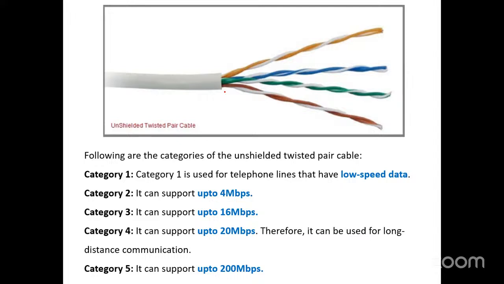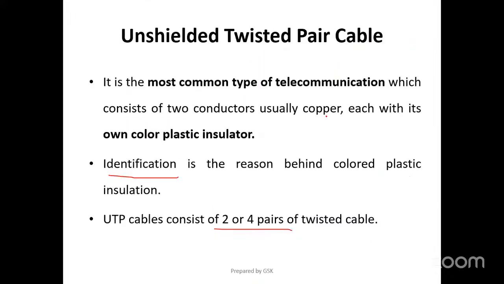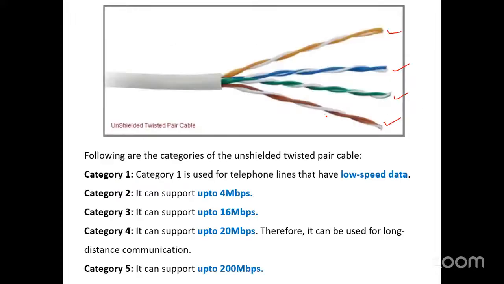Now see, these are unshielded twisted pair cables. As we covered, we have four twisted pairs here. Now, let me tell you some more important points.